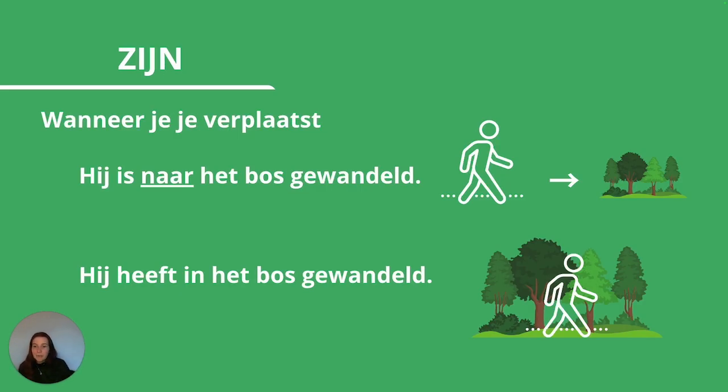You also use zijn when you are moving. So for example, if you move from being at home to walking to the forest, you're going to be using zijn. Hij is naar het bos gewandeld. He walked to the forest. But if he's walking within the forest, he's staying within one place, we are using hebben. Hij heeft in het bos gewandeld.